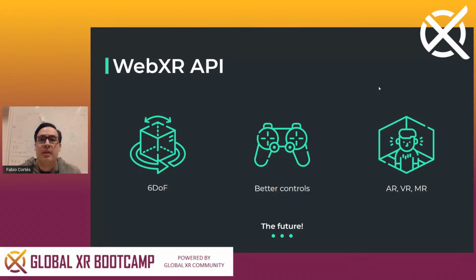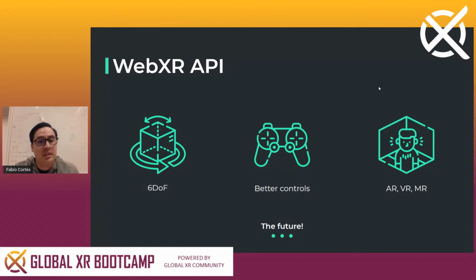And now in the web, using the WebXR API, you can access the 6 degrees of freedom of the movement in your VR or AR headset. This means that you can track the position of the user walking in a certain space while consuming the application. Also, there are better controls and better control handling, trying to standardize all the control and the inputs of these kind of applications and the hardware.